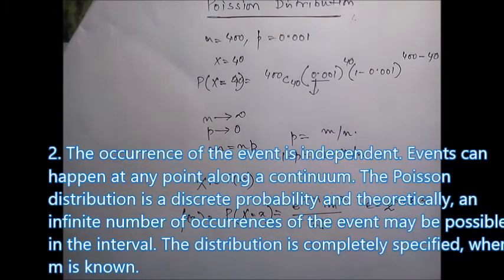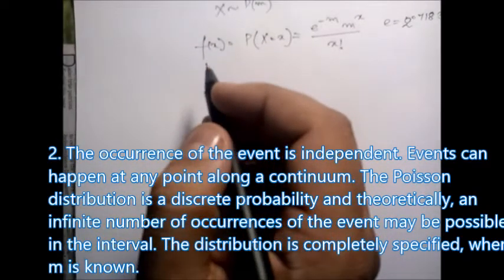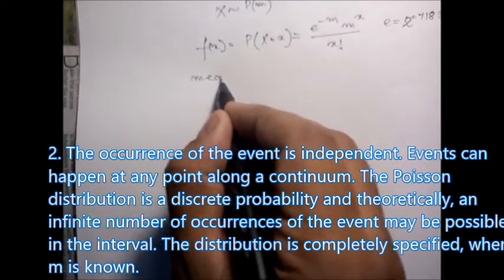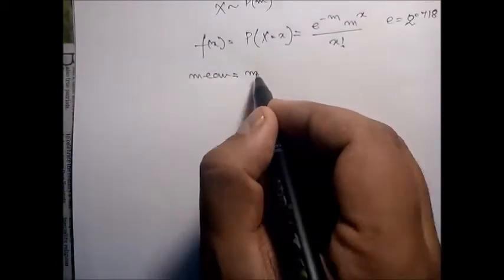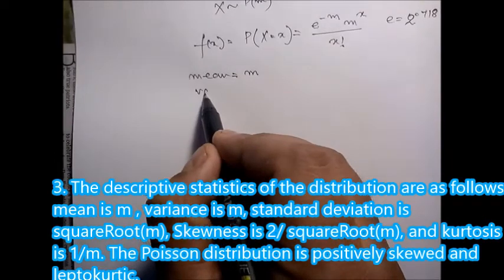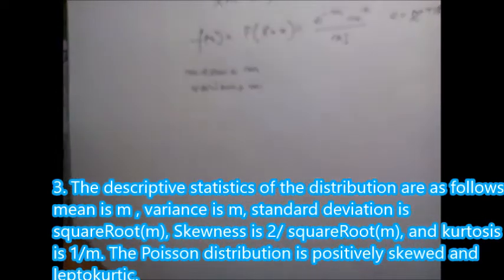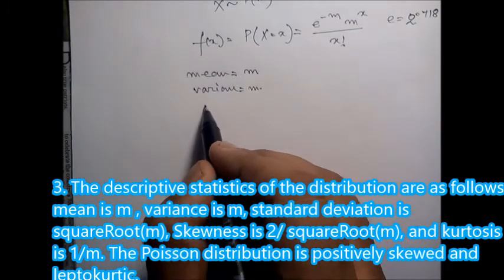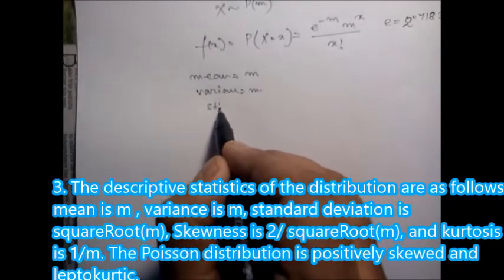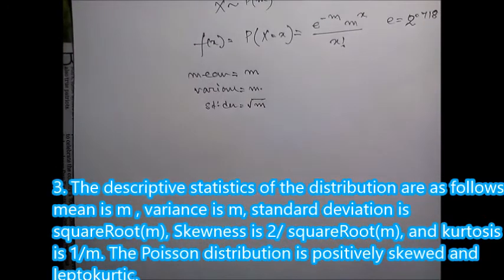Now the descriptive statistics of the distribution are as follows. The mean is equal to m. The variance is equal to m. The standard deviation is definitely the square root of m.